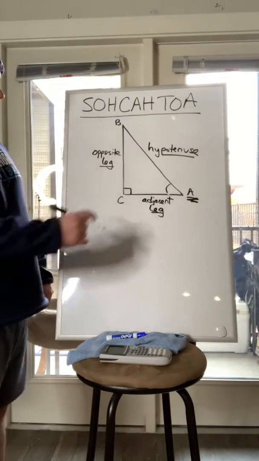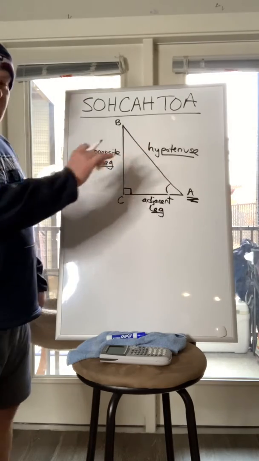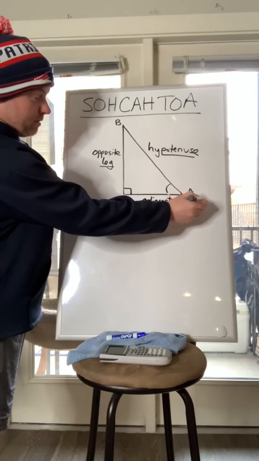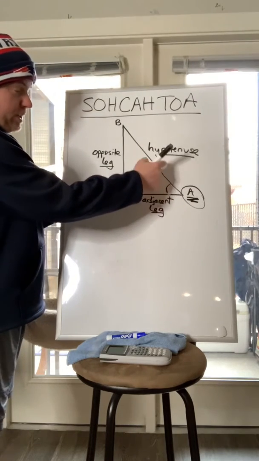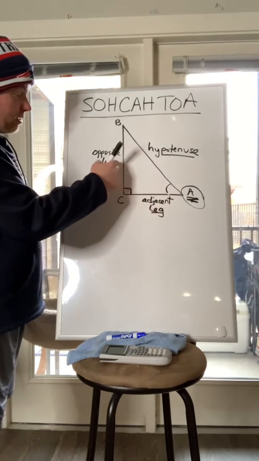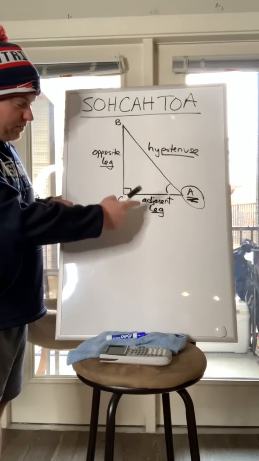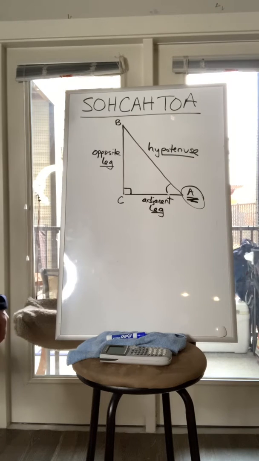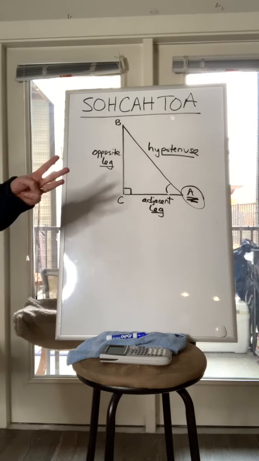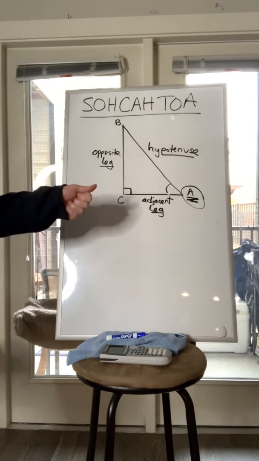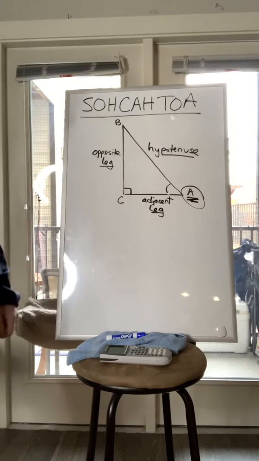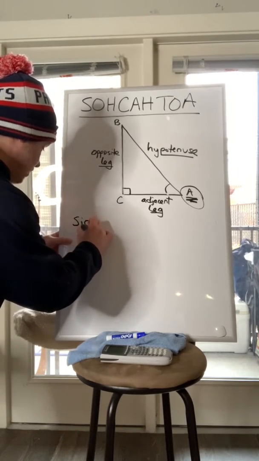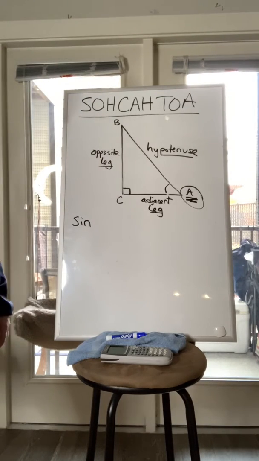Okay? Now, if I was talking about angle B, those sides would be labeled a little differently. But for right now, if I'm talking about angle A, this is the hypotenuse, this is the leg opposite angle A, and this is the leg adjacent to angle A. Okay? So, there are three ratios that we can write in relation to angle A. The first one is called the sine ratio, and we abbreviate it SIN.